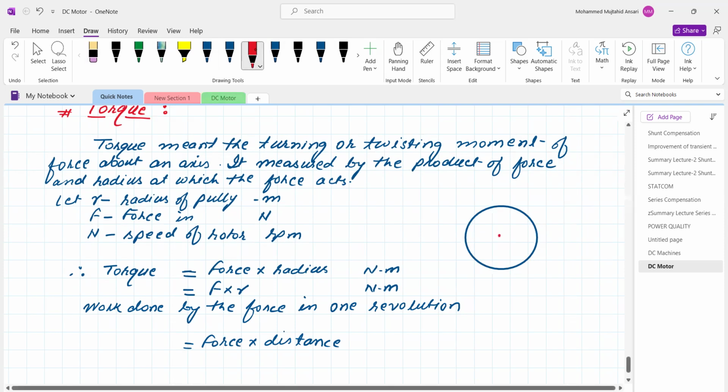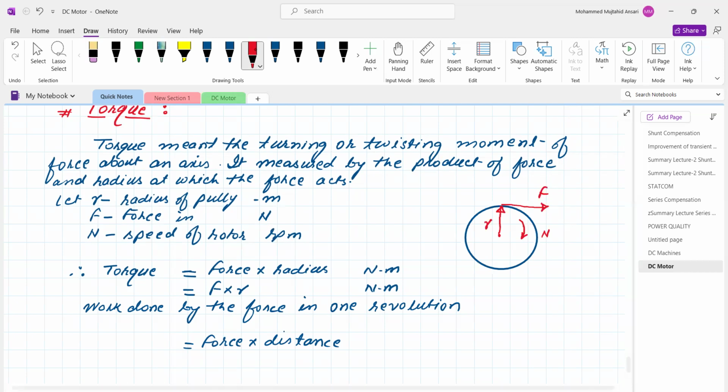So this is the pulley whose radius is r, and the force is acting. Let it run at a speed equal to N in RPM. So this is the speed. Some pulley is connected with the motor.